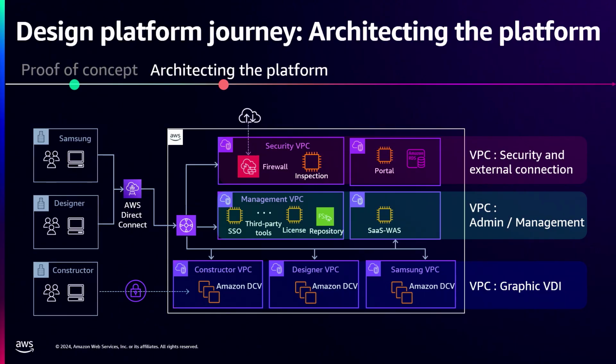And this is the architecting stage, prototyping the platform. As you see on the right side, we started by making the VPC in the cloud zone. We set all the graphic VDI on the bottom, so all the VDI are located at the bottom. On top, we put the VPC zone with the admin and management. In the admin and management zone, there is a file server and another one, a license server, which are really required for the admin of this VPC.